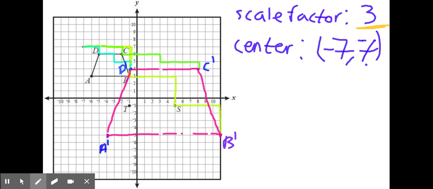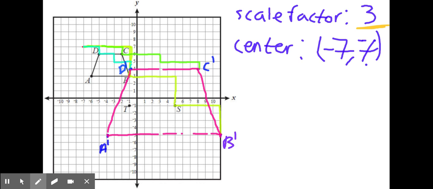You can double check that you did this correctly by making sure, 1, all corresponding sides are parallel. Okay, so I should be able to look and see my corresponding sides. So for instance, DC should be parallel to D prime C prime. And it appears that that is true for all corresponding sides. And then to also make sure that the length of every side has tripled because our scale factor is 3.